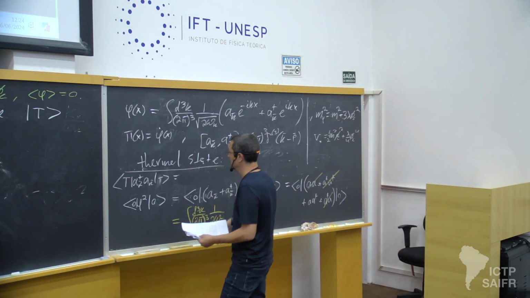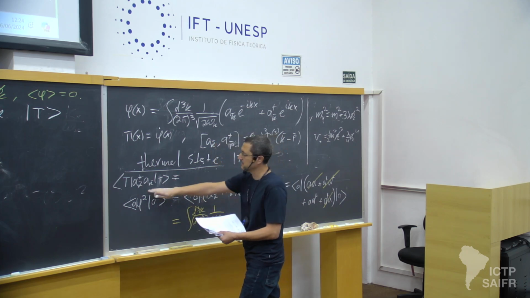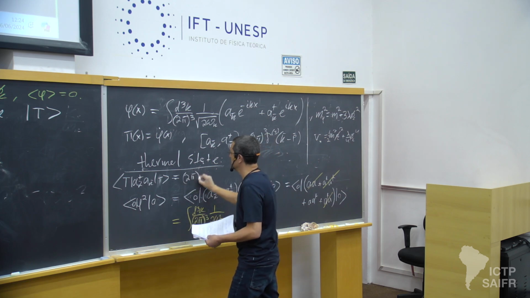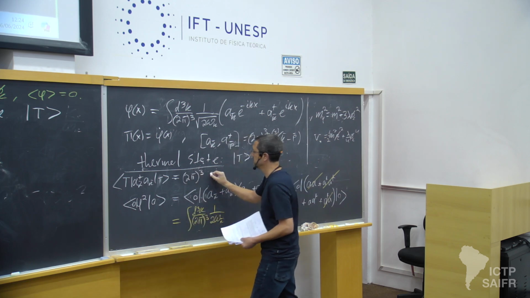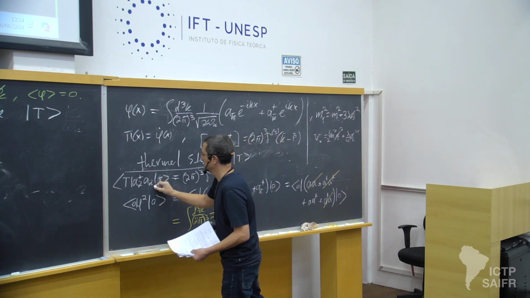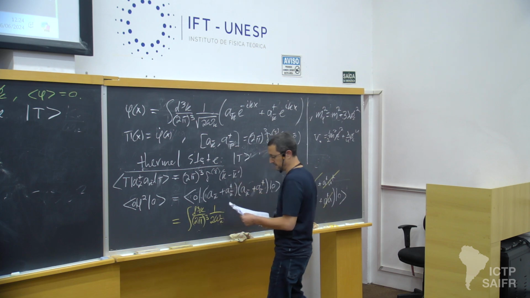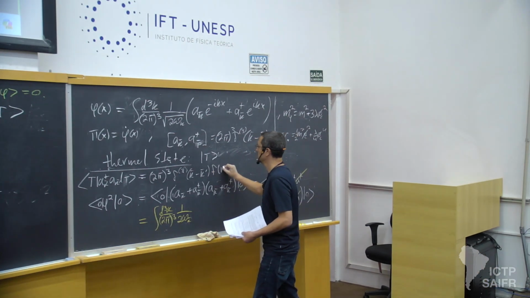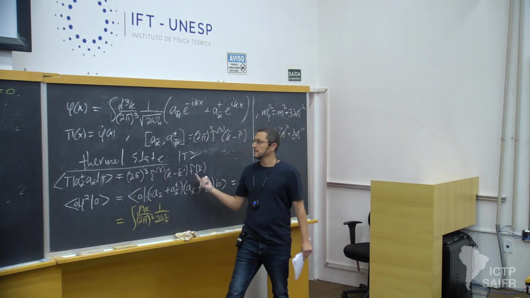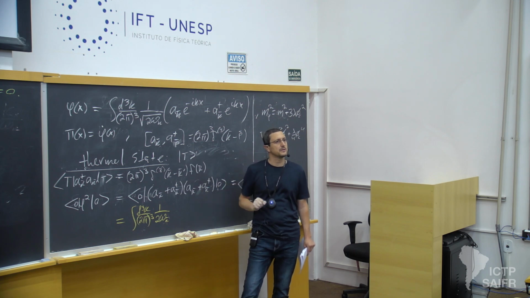So the correct definition to make this the properly normalized thermal state is to say the expectation value of the number operator is 2 pi cubed, don't worry too much about pi's, delta 3 of k minus k prime, f of k. This will make sure that the expectation value of the number operator gives me the correct number of particles around this particular momentum mode.